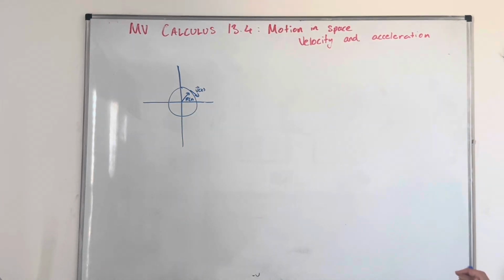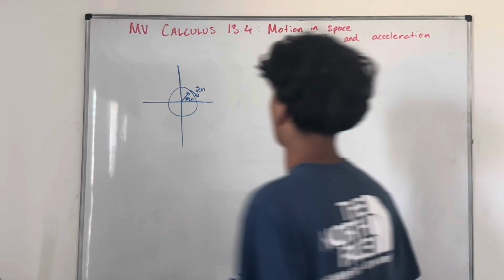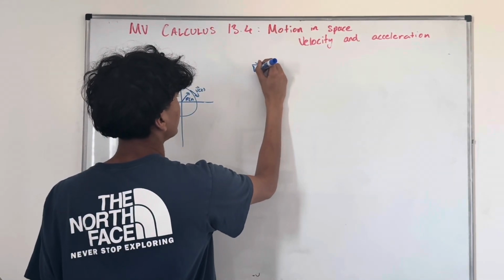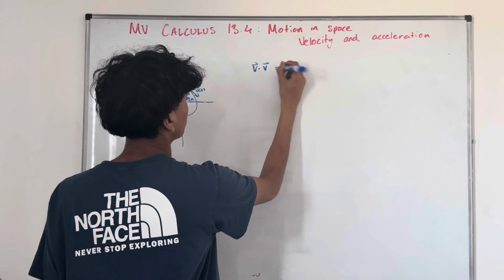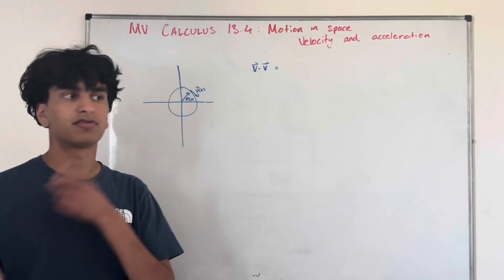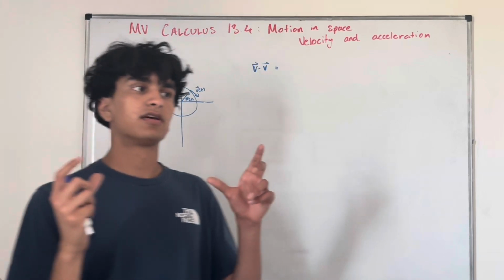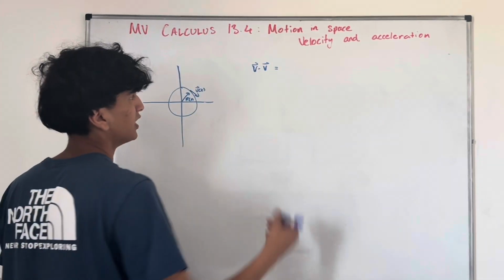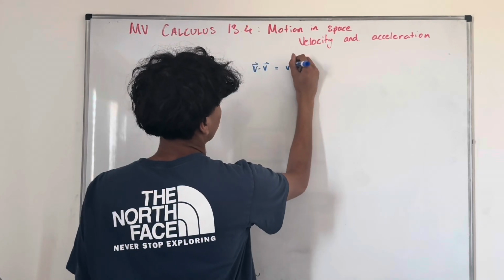And you can actually show this because, if we were to think of v dot v, this would give us the magnitude squared, right? When you take the dot product of a vector with itself, you just get the magnitude of that vector squared. So I'll just call it v squared without the vector notation.